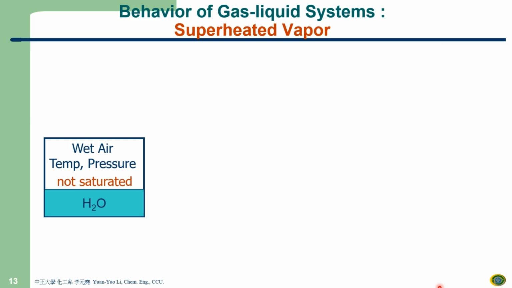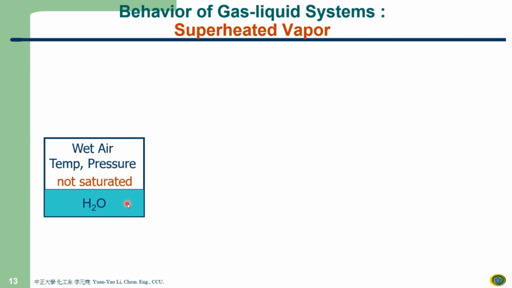Right, so regarding the behavior of the gas-liquid system, there's one term called superheated vapor. What does this mean? Let's go back to the condition of wet air. The temperature and the pressure are fixed, and the water vapor is not saturated.